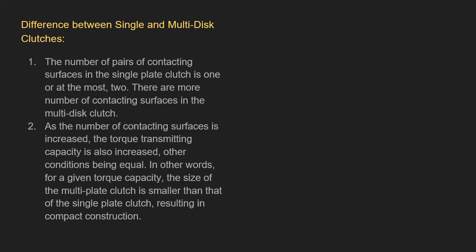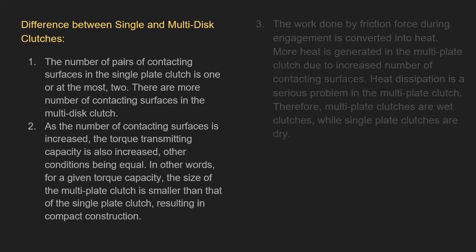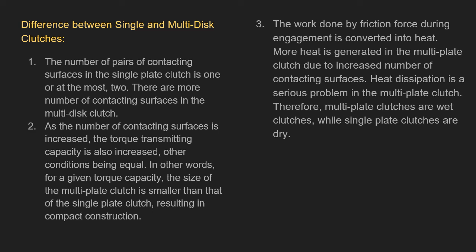All right. Now, moving on, the next difference is that because there is more friction, more heat is generated in the multi-plate clutch than in the single plate. Because of this, you will very often observe that for multi-plate clutches, we make use of cooling oil.